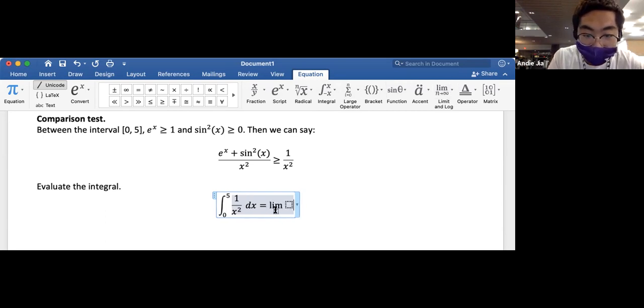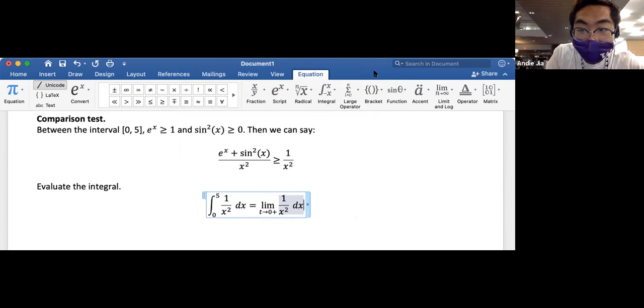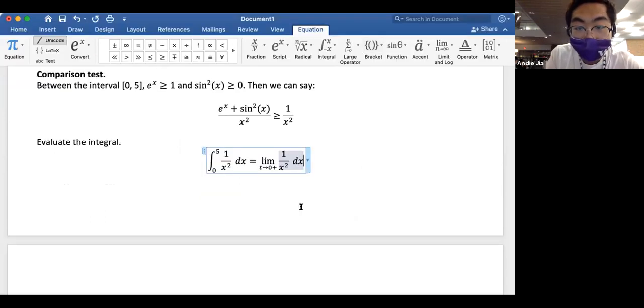The limit as t, we set as a number, of the integral from t to 5 of 1 over x squared dx. Just evaluate the integral.